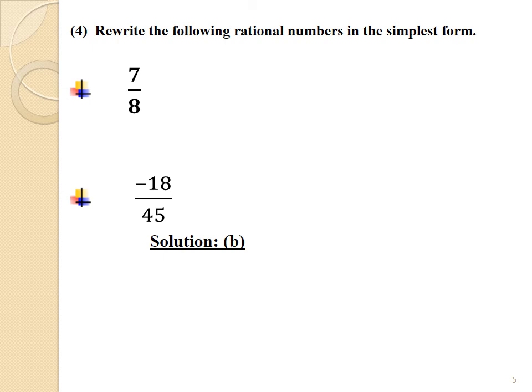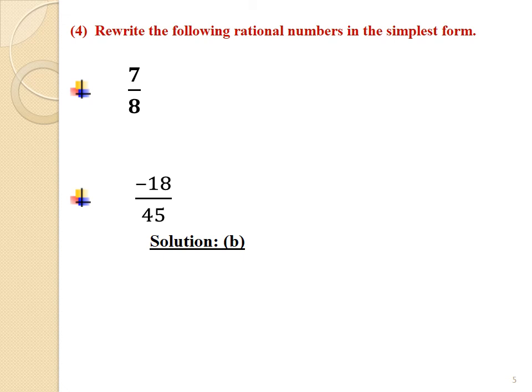Now, question number 4. Rewrite the following rational numbers in the simplest form. Students, we know that a rational number is said to be in standard form if its denominator is positive and the only common divisor of numerator and denominator is 1.